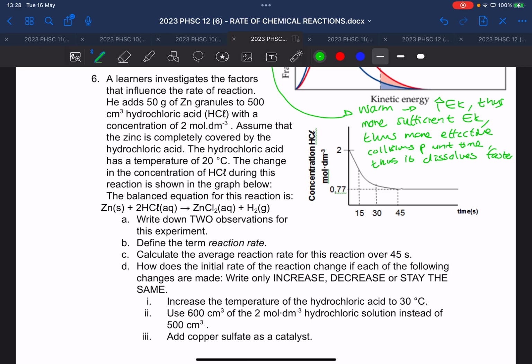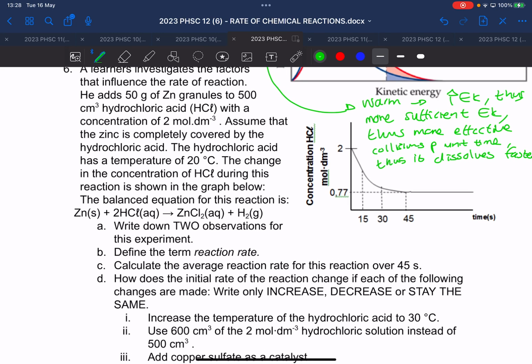Okay. So if we look there, they say that we have 50 grams of zinc. Our hydrochloric acid is 500 cubic centimeters and the concentration is that. Then you can see in your graph the concentration of hydrochloric acid versus time. You see the concentration starts at 2, and then it goes lower and lower.